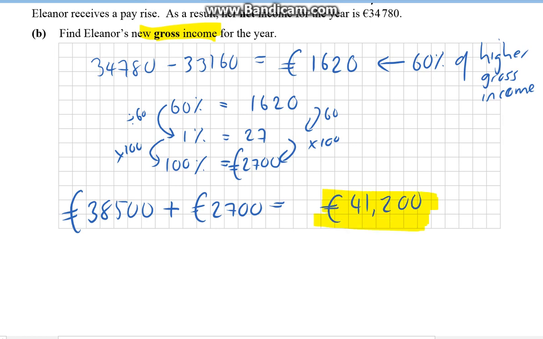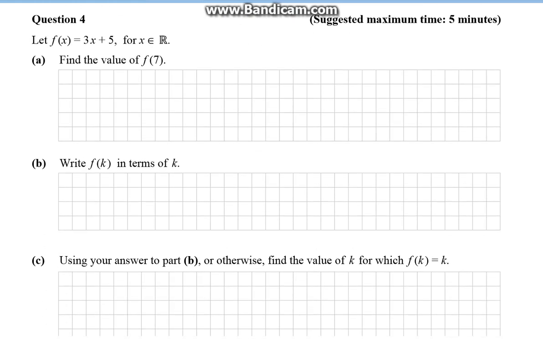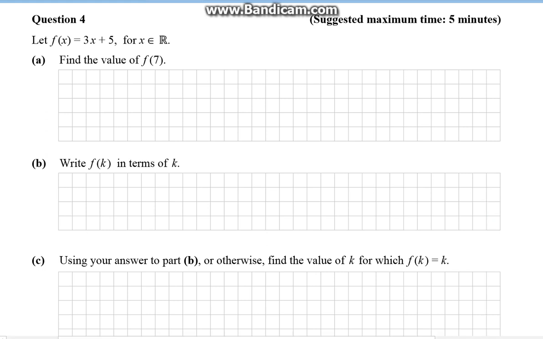Okay, so then we move on to question 4. So this is a functions question. So this should be okay for E. You can see f of x is equal to 3x plus 5. Find the value of f of 7. So it said f of x was equal to 3x plus 5.